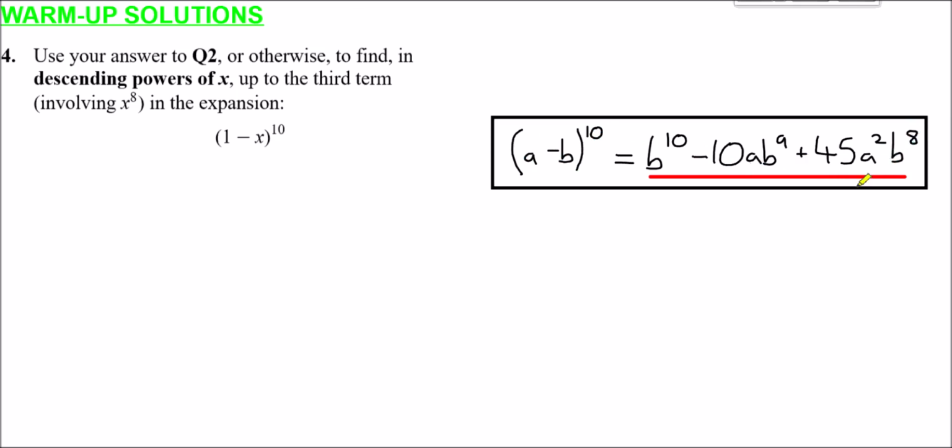So again, like question 3, b here relates to the x in the brackets we actually want to expand. So just colour code this to remind ourselves that again it's exactly the same thing. Likewise, the a, yet again, is just going to be the constant 1. So if we plug these values in, where a equals 1 and b is x, we're going to get 1 minus x to the power 10.